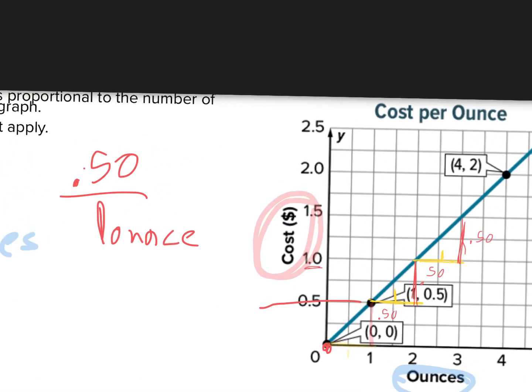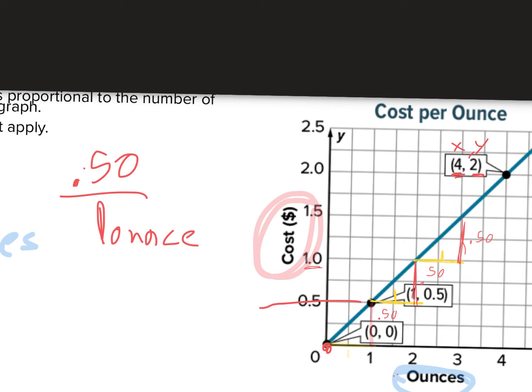So these are ordered pairs. The first number is my x value, so x value is my ounces. In this case, that would mean that I have 4 ounces and it's going to cost me $2.